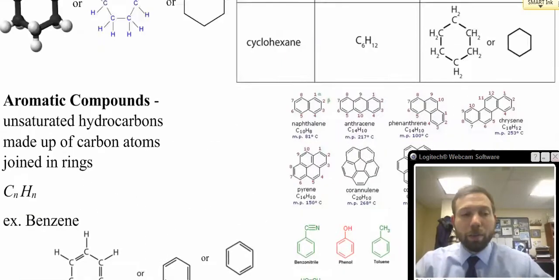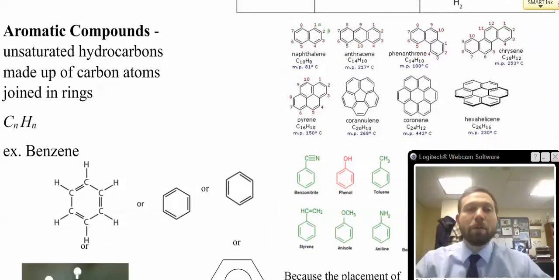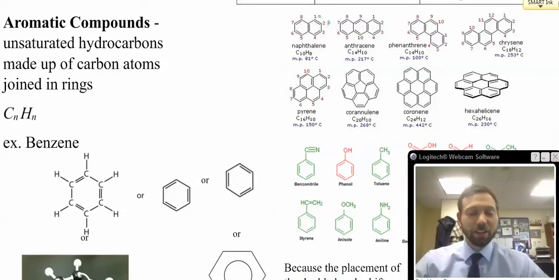These are called aromatics because lots of them have aromas. The smell of aromatic compounds gave them their name.